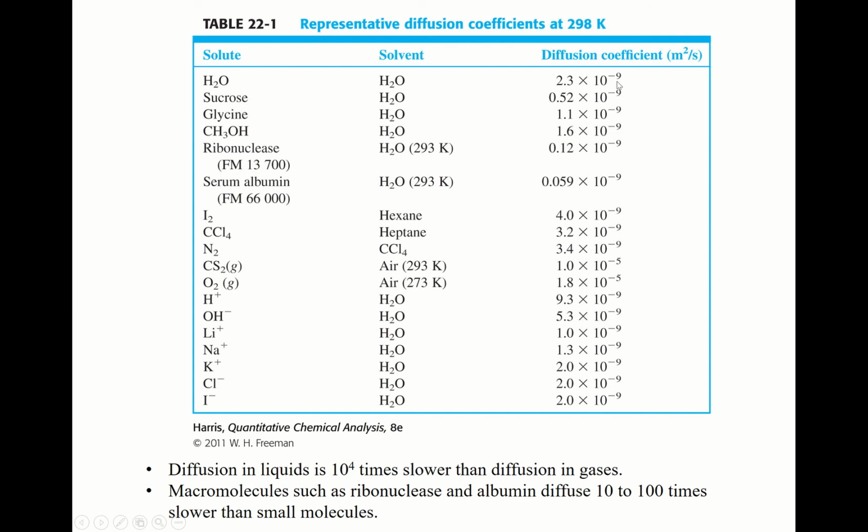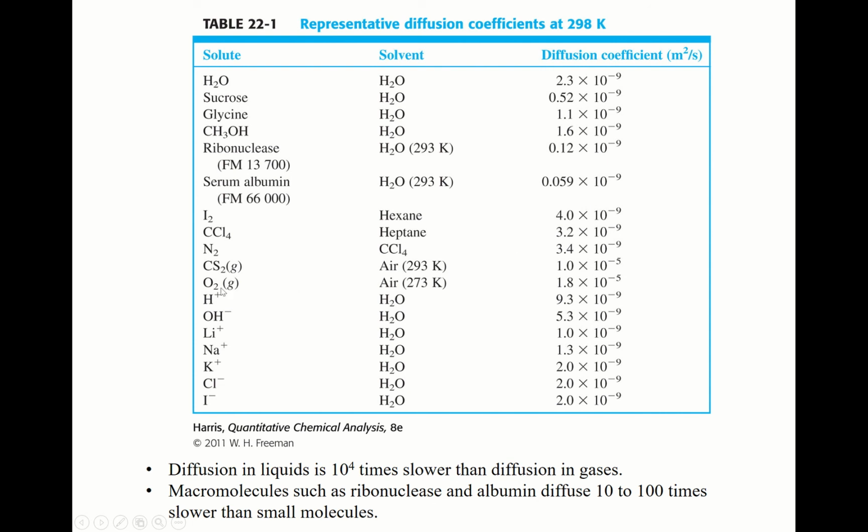Okay. But diffusion of gas in gas is much faster. Look at this one. Carbon disulfide, this is a gas, and it diffuses in air at room temperature, and diffusion coefficient is on the order of 10 to the minus 5, 10,000 times larger than the liquid in liquid case.